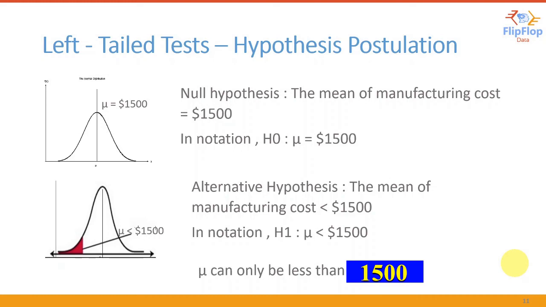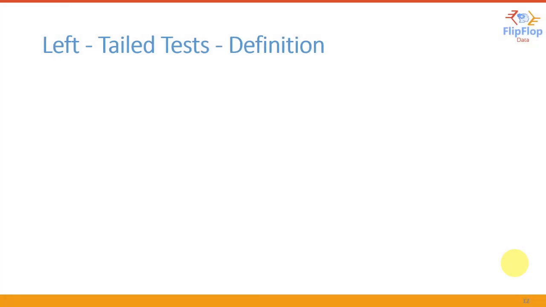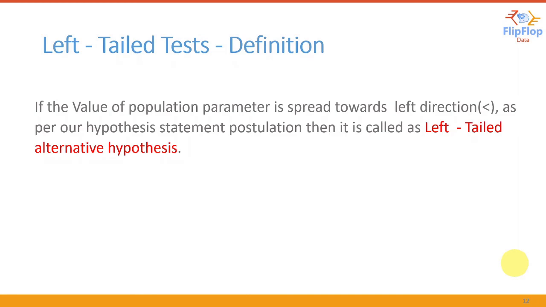So how do we define this formally? So if the value of the population parameter is spread towards left direction, that is less than, as per our hypothesis statement postulation, then it is called as the left-tailed or left-sided alternative hypothesis.